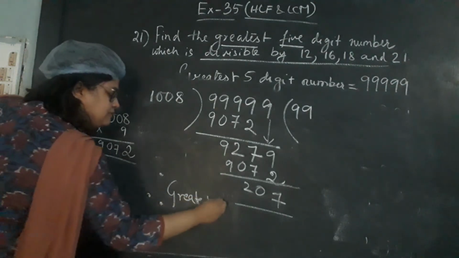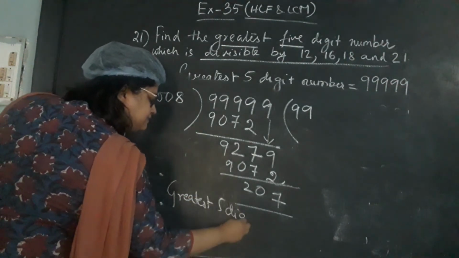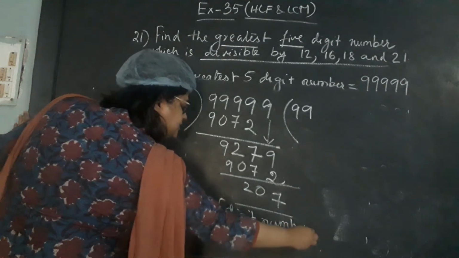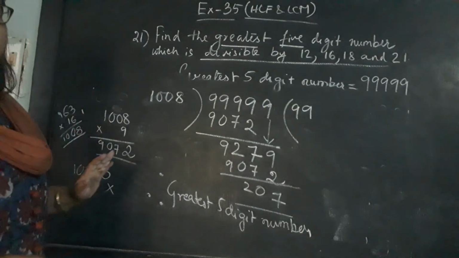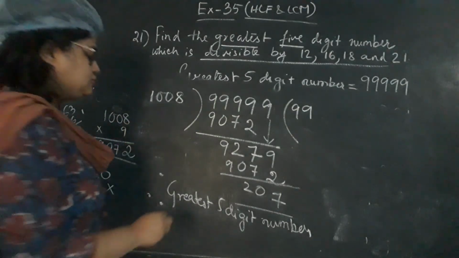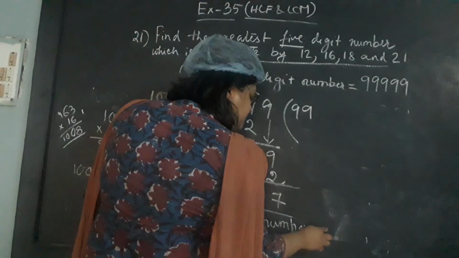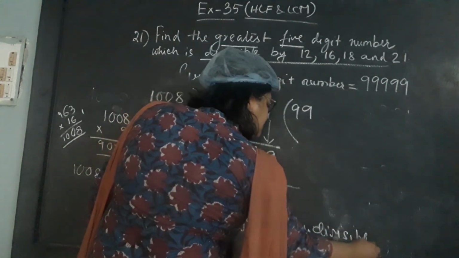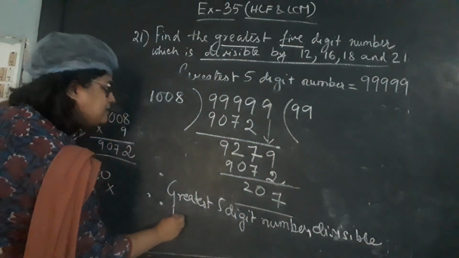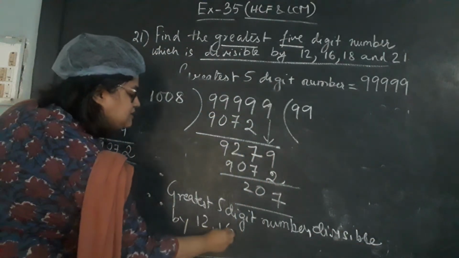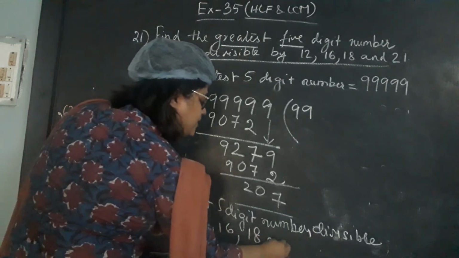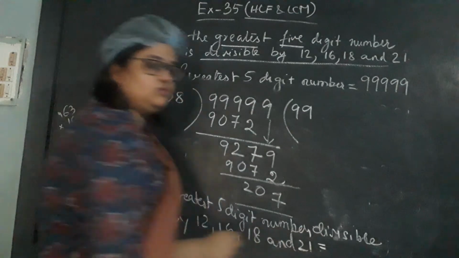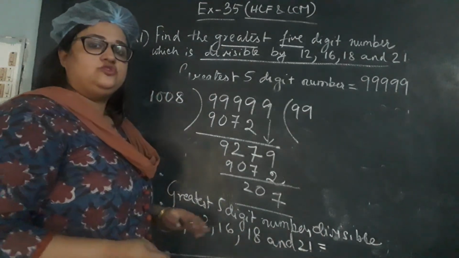Therefore, this 5-digit number is the greatest, but it cannot be divided with the set of numbers. So we have to find the greatest 5-digit number divisible by 12, 16, 18 and 21. It is equal to, what we will do here, just check.